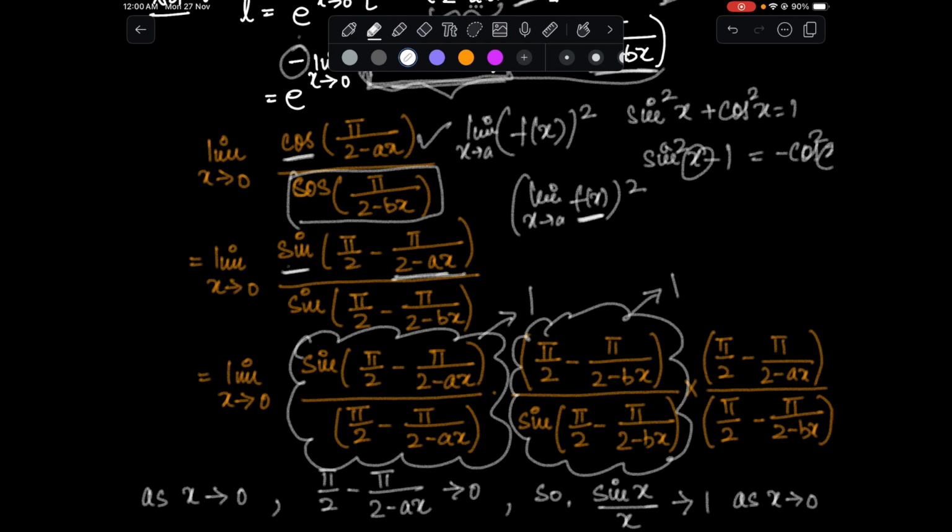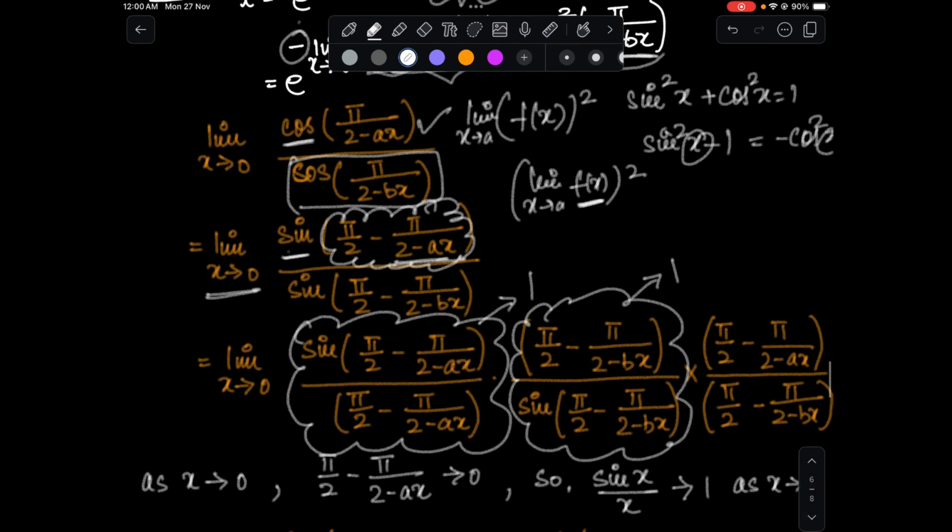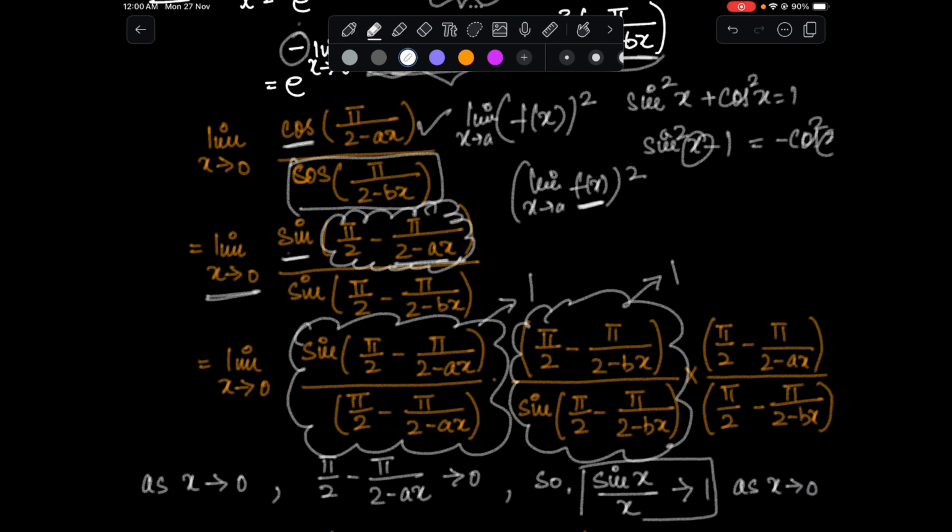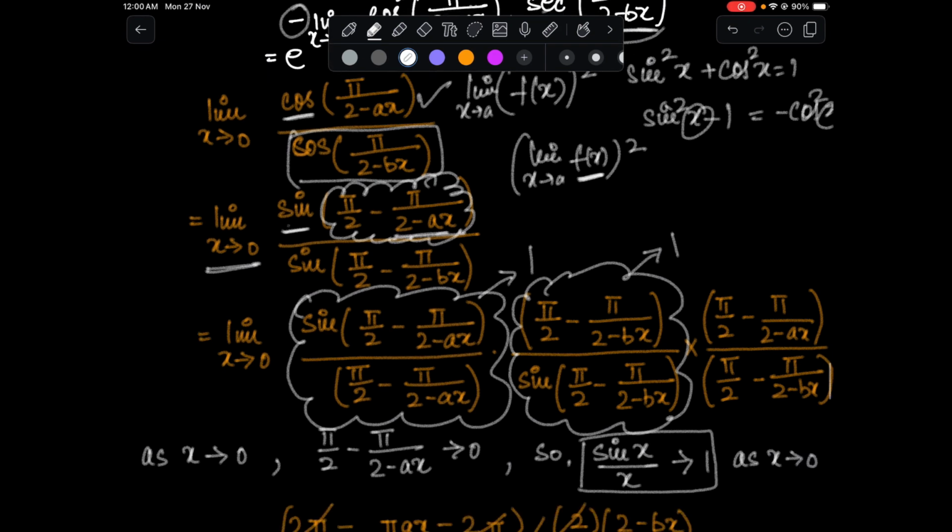Now when you observe that this thing goes to 0 as x goes to 0, I can go and apply the formula as this, right? So what I have to do is multiply and divide with the argument. That's what I have done. Here I have divided, here I have multiplied. For this thing also I have multiplied, here I have divided.